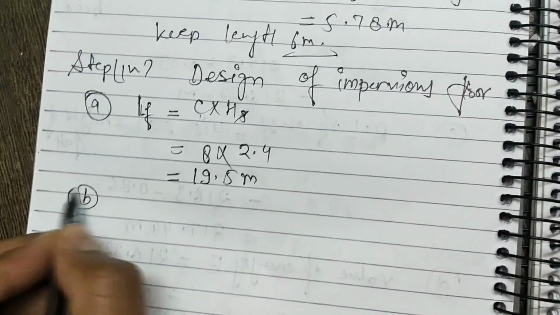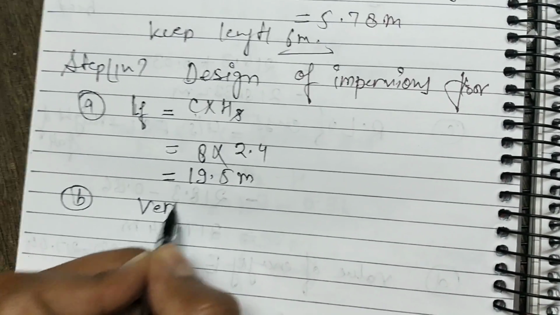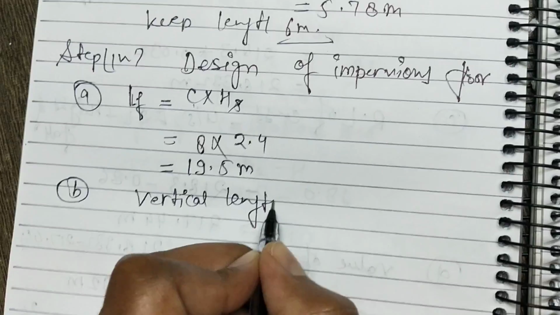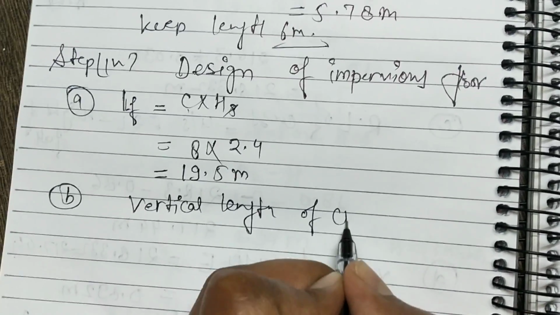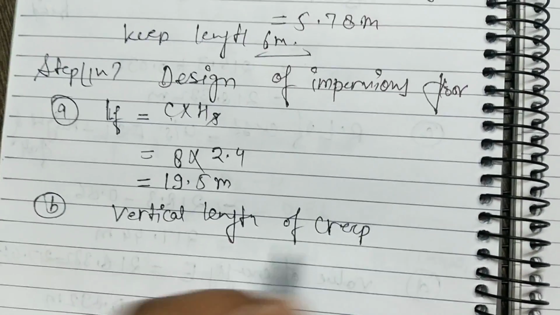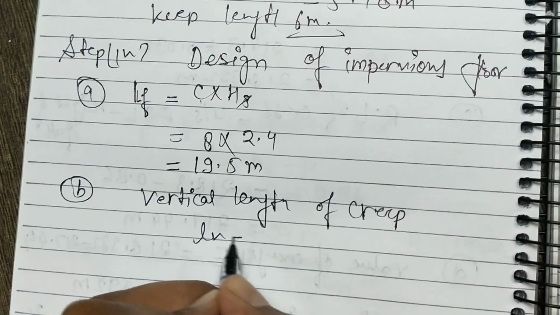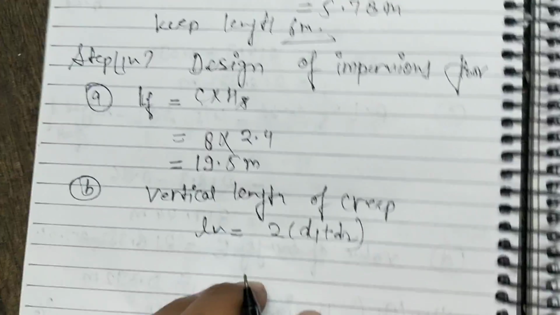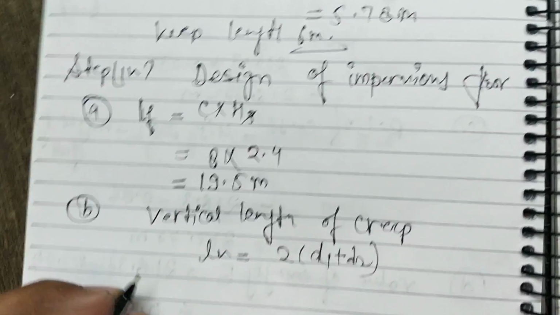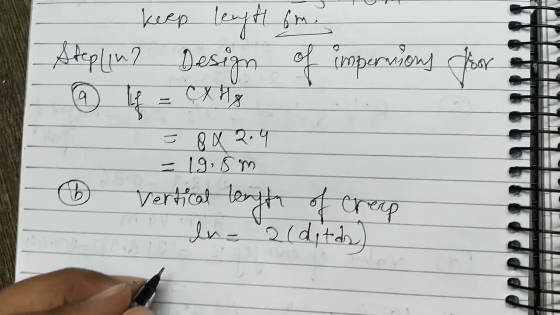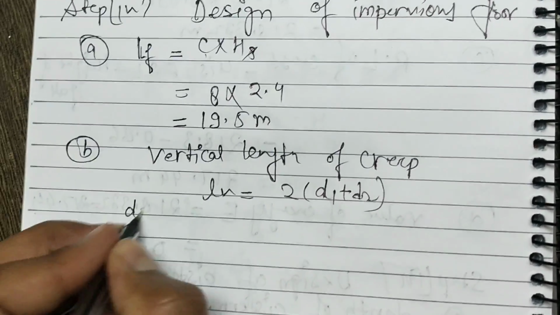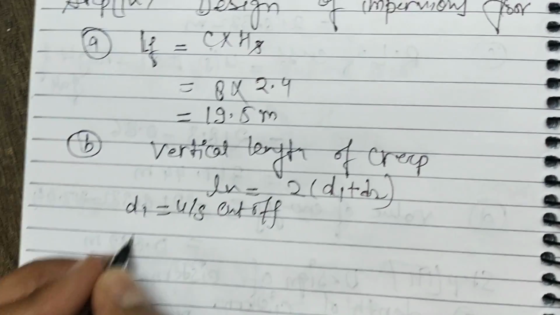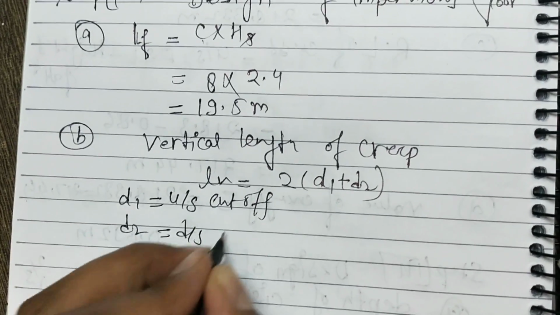And the B part of this is the vertical length of creep, which is LV equals 2 into (D1 plus D2). Now we should also understand what D1 and D2 are. D1 is the upstream cutoff, and D2 is the downstream cutoff.